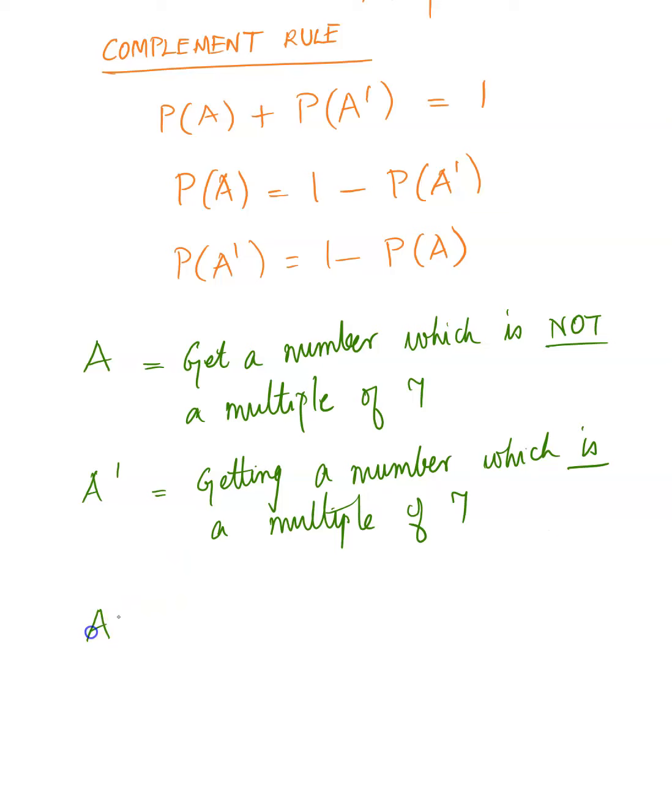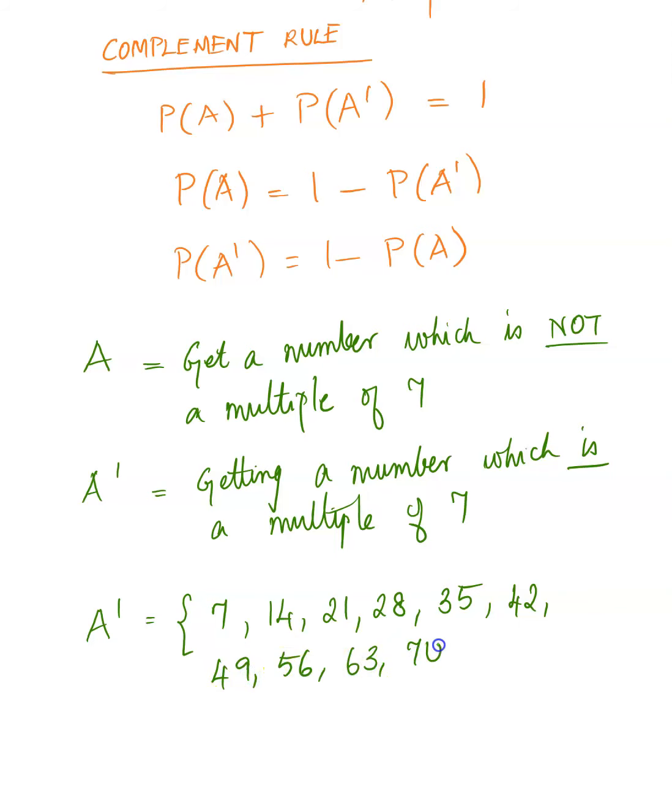So I'm going to list A prime because it's 1 through 100. It's manageable. So the multiples of 7 would be 7, 14, 21, 28, 35. It's your 7 times table there. 42, 49, 56, 63, 70, 77, 84, 91, and 98.